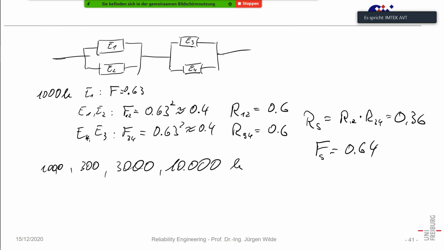The important thing is that we always must check if there is a path possible in the combination of failures and functioning elements. So that's the question of the path.